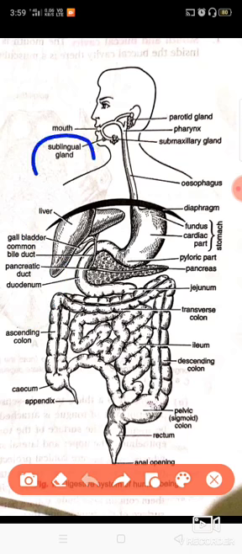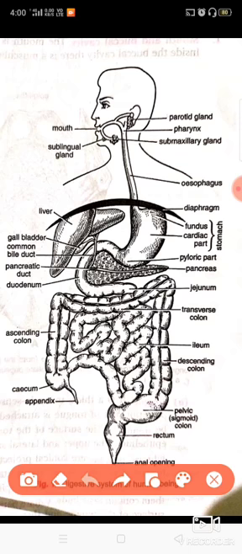Because, sorry, not one pair below the lower jaw, but two pairs, that is sublingual and submaxillary, down in your lower jaw, and the parotid gland, that is one pair in the upper part of the jaw. So parotid, submaxillary, sublingual: these are the three pairs of salivary glands located in the upper and lower jaw of the mouth. Their function is to produce saliva.